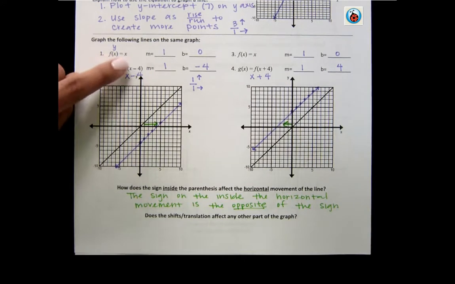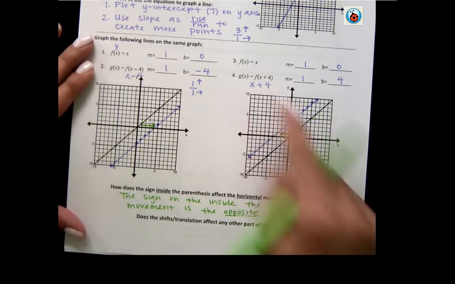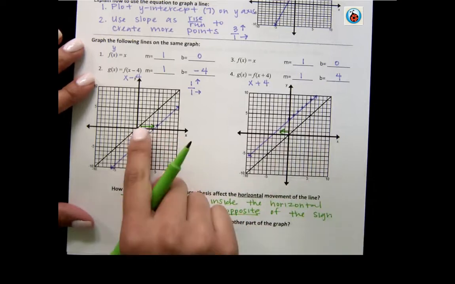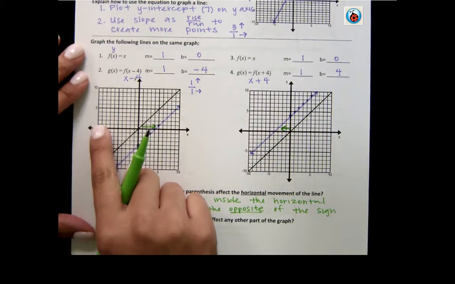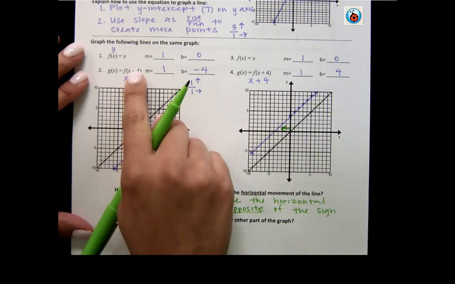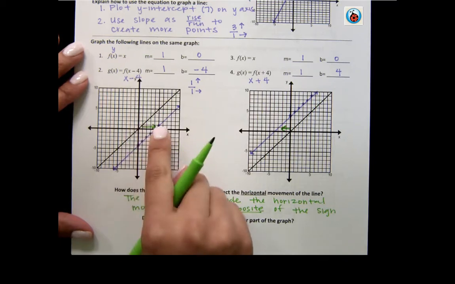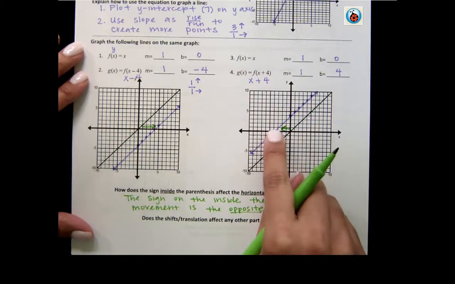So when I had a minus, it moves to the right. When we had a plus, it moves to the left. So normally on a number line, the positive numbers are on the right, the negative numbers are on the left. But when it's on the inside, it's the opposite. So a minus 4 on the inside is actually going to cause it to move right. A plus 4 is going to cause it to move left.